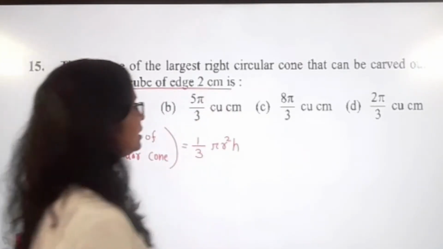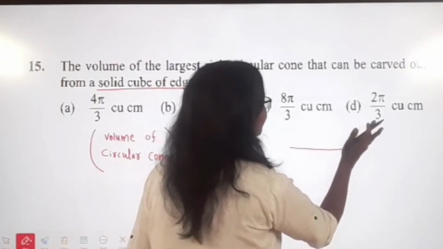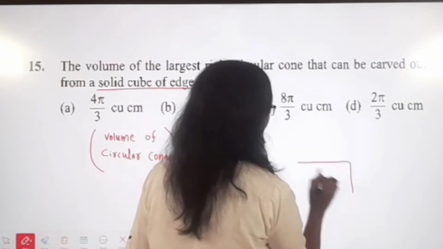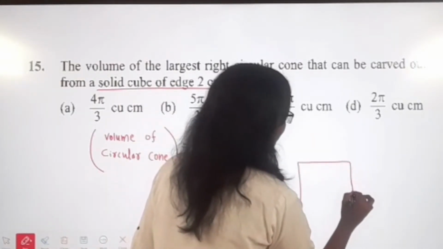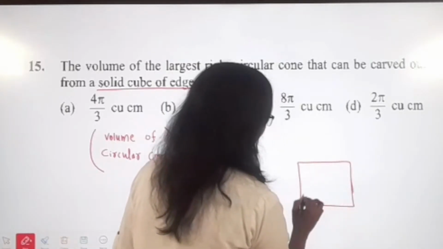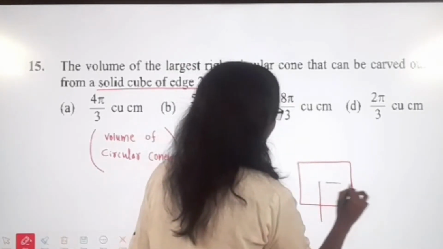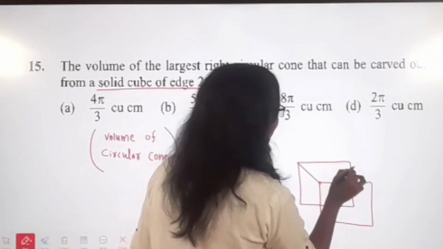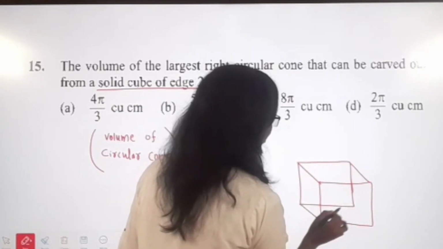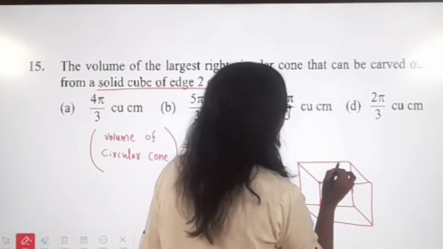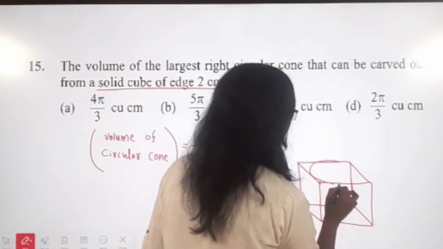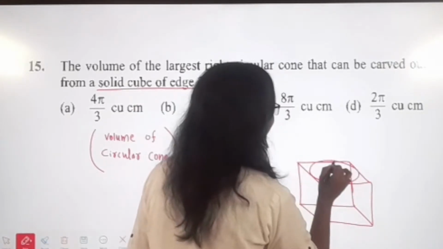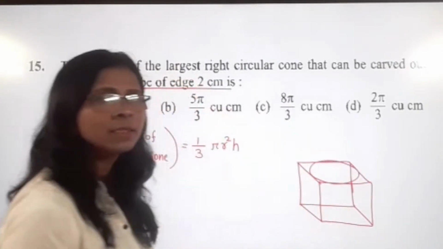That means here, if this is a cube and we have to carve this, so that means students, we get the circle.